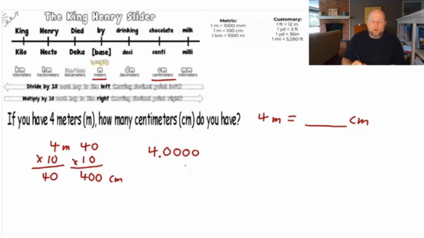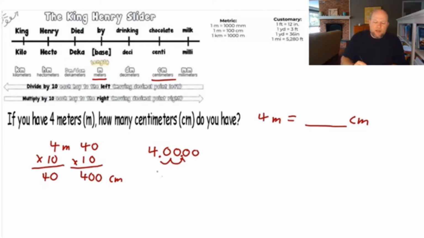It doesn't change the value of this measurement, 4 meters. It only gives us more placeholders to work with. So it says move decimal point to the right for each hop. 1, 2 hops, so we're going to go 1, 2 places. And that's where our new decimal point would be.